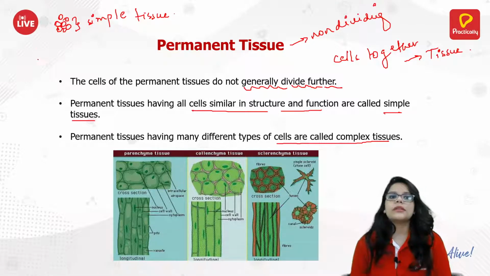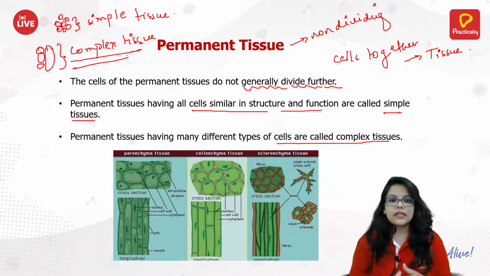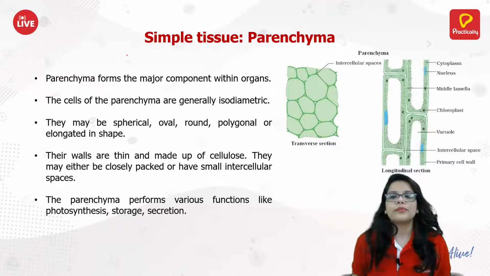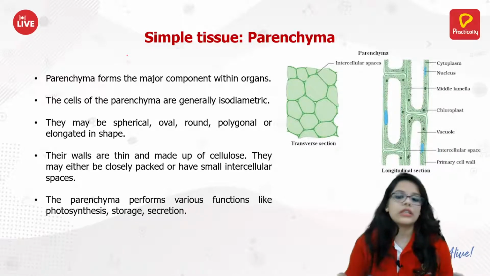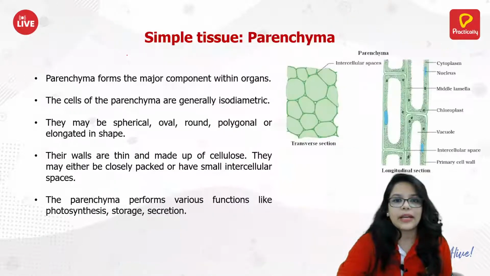Now, when cells are a bit different, somebody is round, somebody is elongated, somebody is a bit thicker, somebody is a bit thinner, like that, that becomes complex tissue. Similar cells aggregating, simple. Different kinds of cells aggregating, complex. Very easy. So simple tissue can be divided into three kinds: parenchyma, collenchyma, and sclerenchyma.